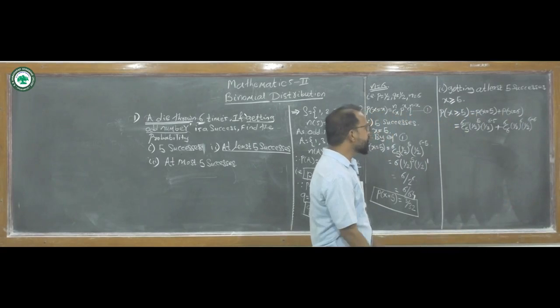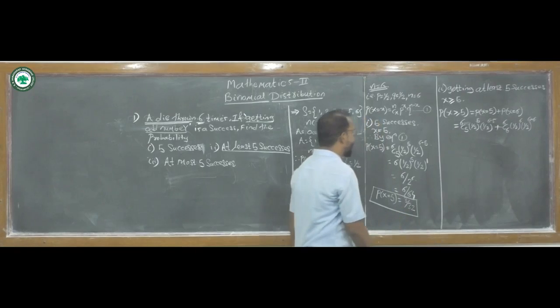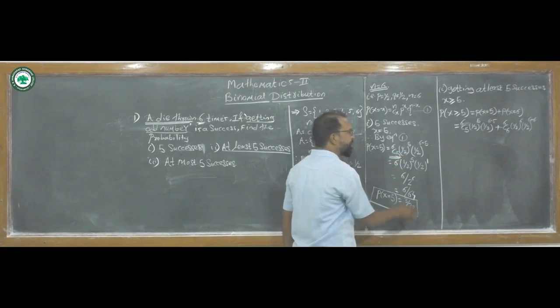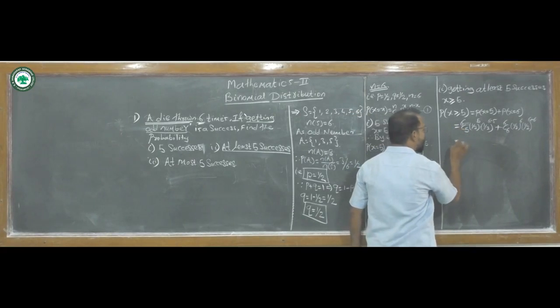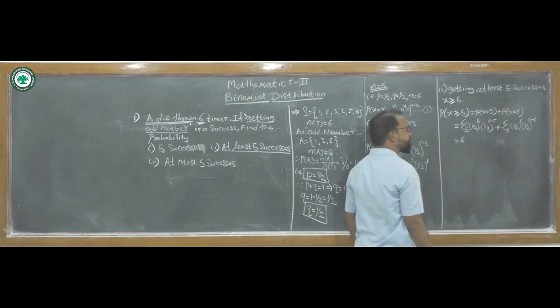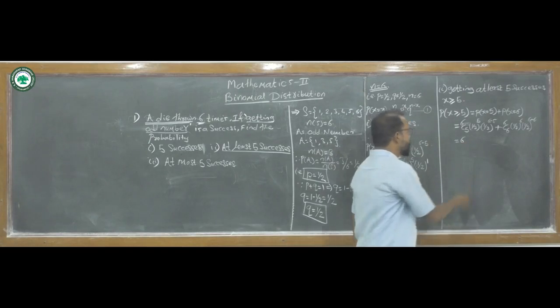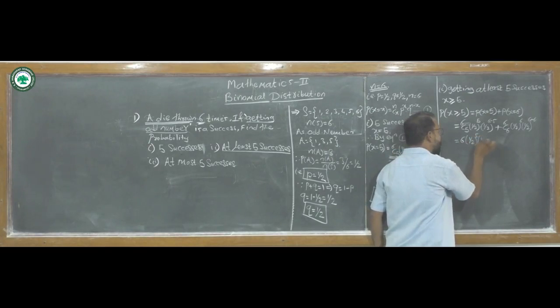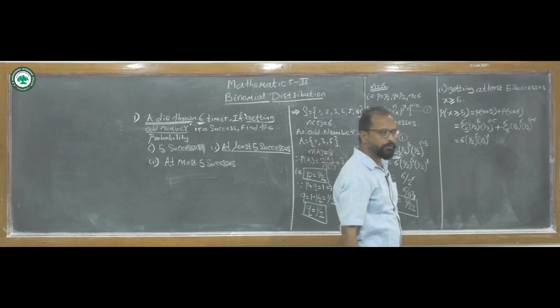Now again here we see that nC5, or 6C5, is 6. Similarly, this 6C5 again becomes 6. Now this becomes (1/2)^5 into (1/2)^1, since 6 minus 5 is 1.